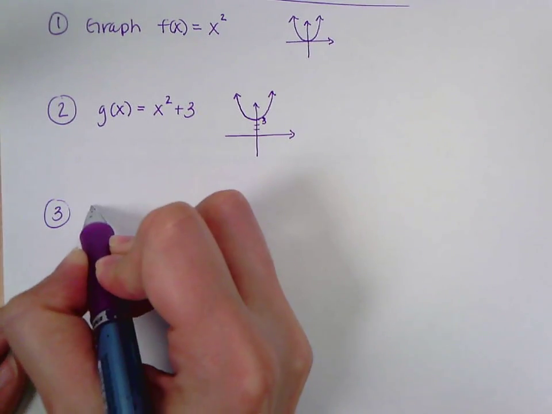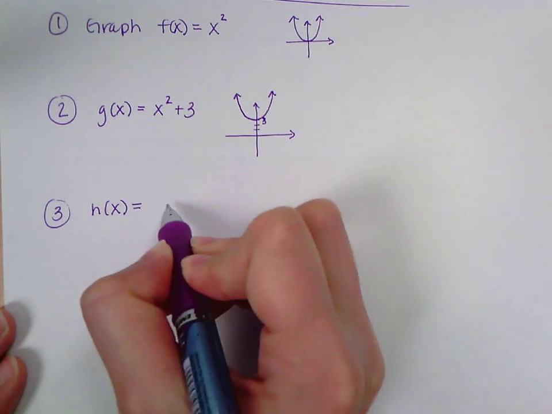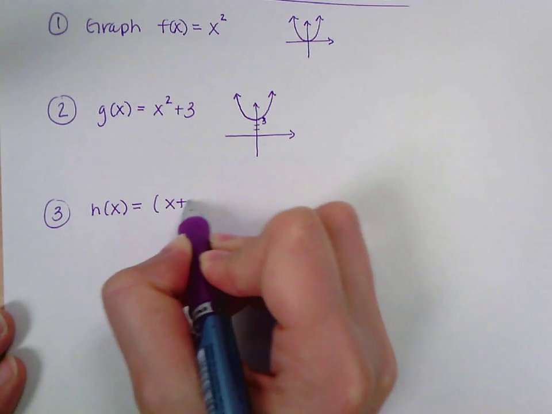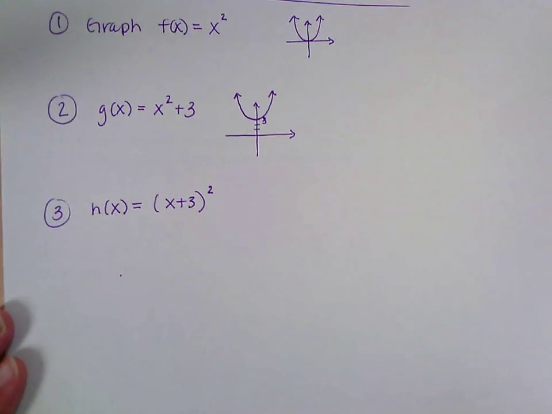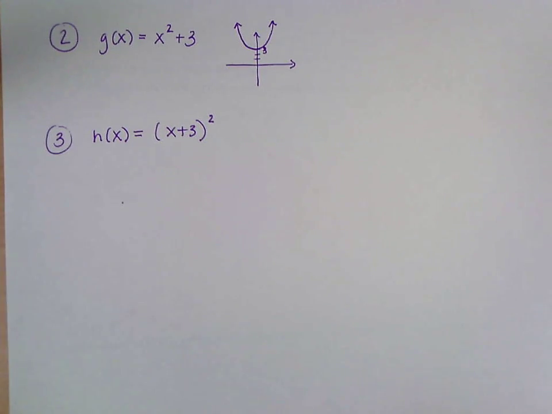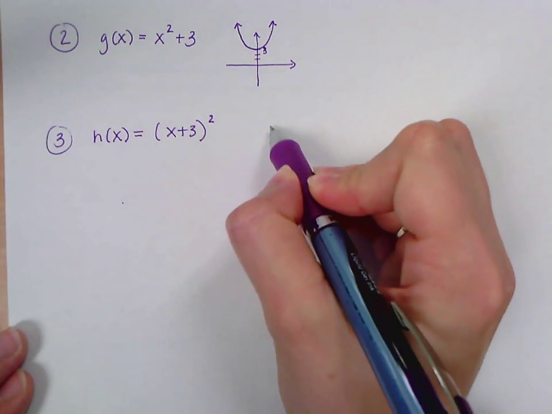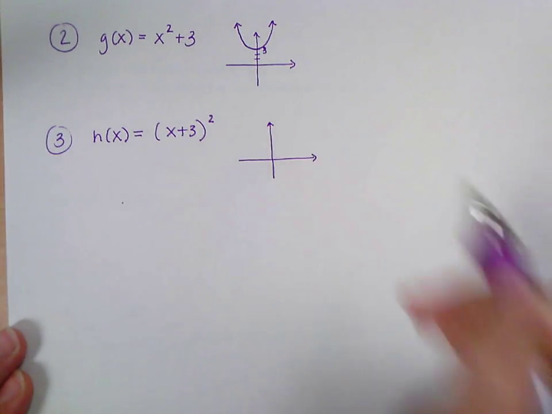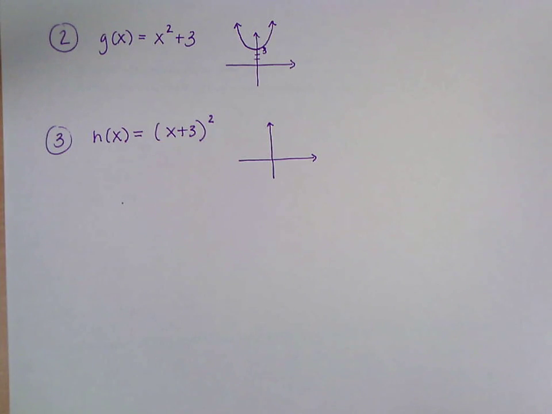All right, what about this one? h of x equals the quantity x plus 3 squared. So we have another plus 3. What does this plus 3 do? Yeah, this one moves it to the left.